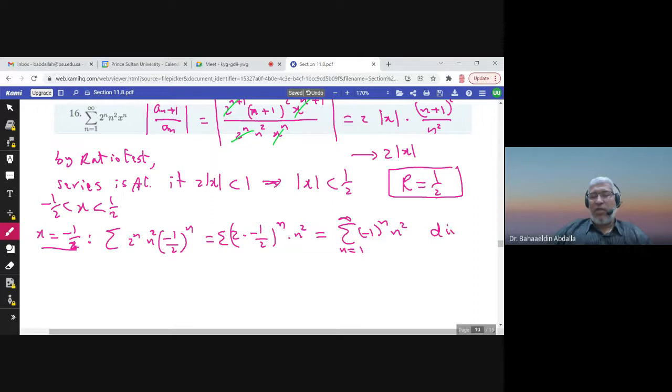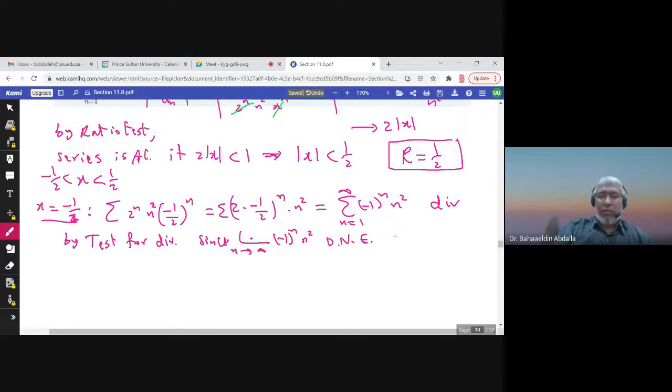And this is divergent by the test for divergence, because the limit of negative 1 to the power n times n squared when n approaches infinity does not exist, because the limit of n squared is infinity.